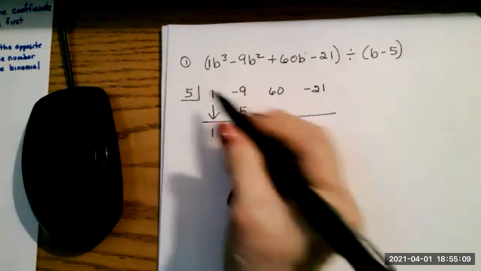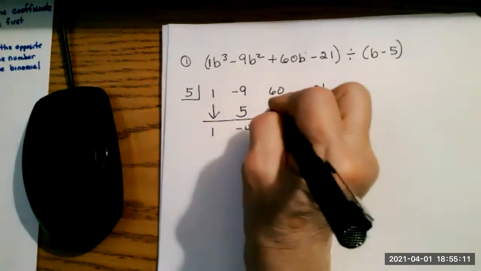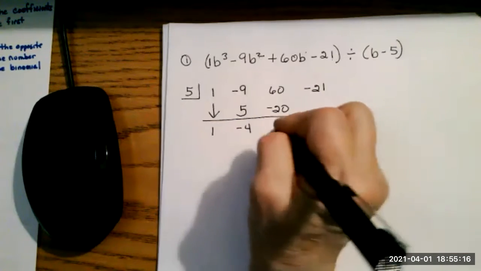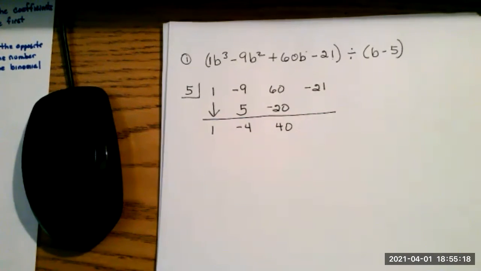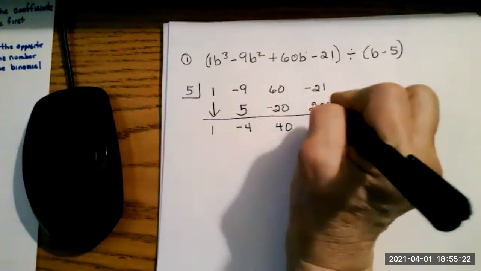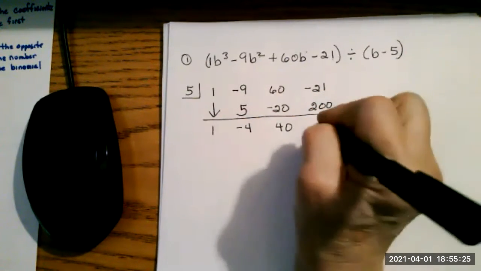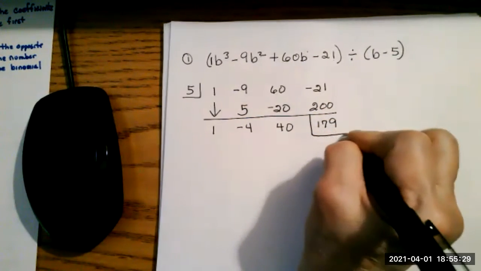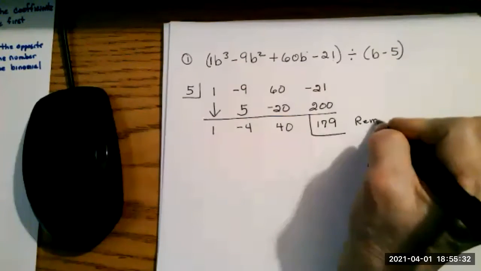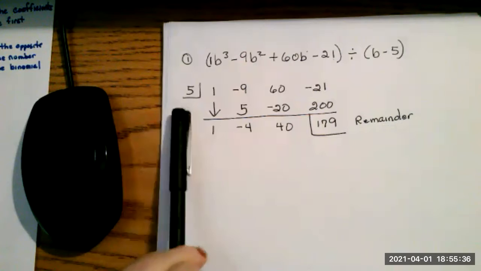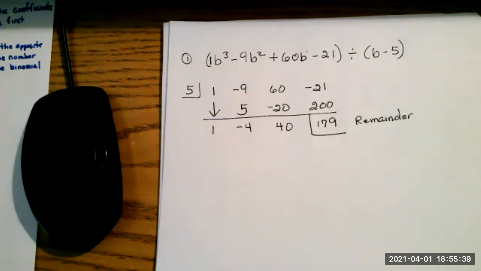Then 5 times negative 4 is negative 20, and I subtract and I get 40. Then 5 times 40 is 200, and I subtract and I get 179. And I always draw a little box on this side because this is my remainder. So 5 is not a 0 of the function because I didn't get a 0 on the end down there.